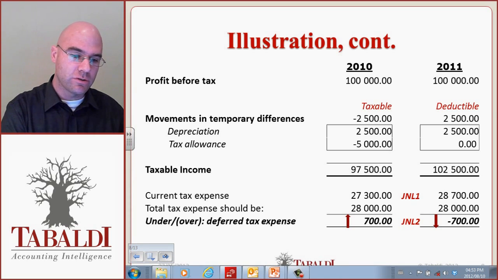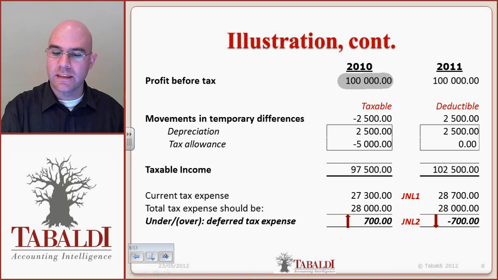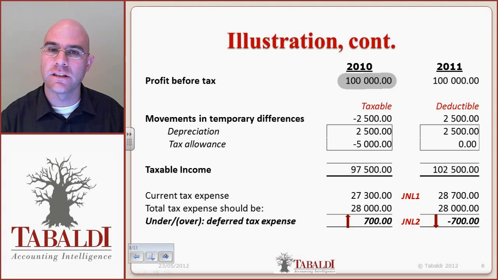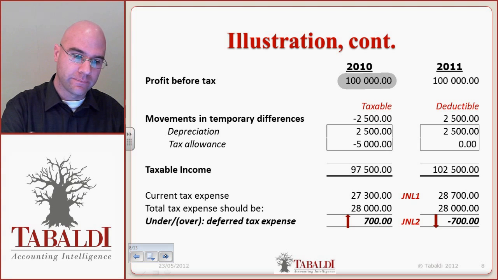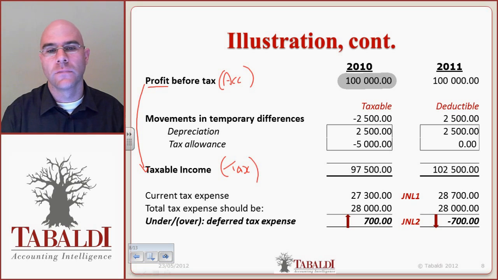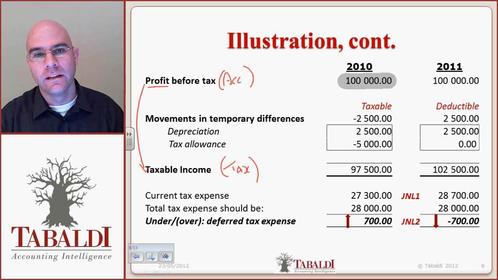Current tax computation starts with profit before tax, and in 2010 that figure was given as 100,000 Rand. Remember that profit before tax already incorporates the accounting depreciation. So to get from profit before tax, which is an accounting figure, down to taxable income, which is a tax figure, we need to reverse out any accounting expenses that are different to the tax expenses.